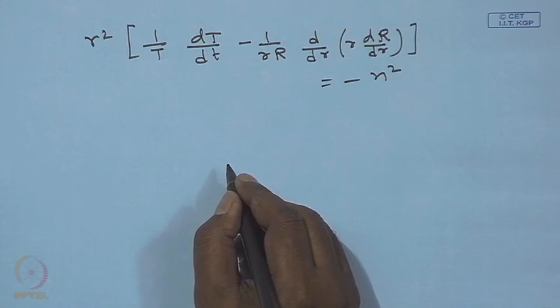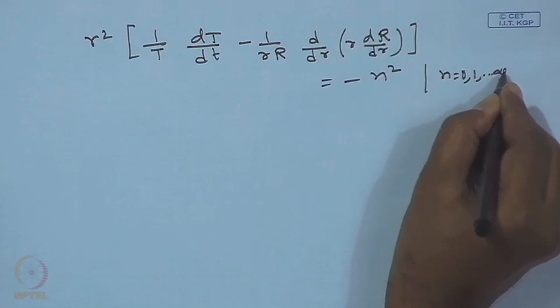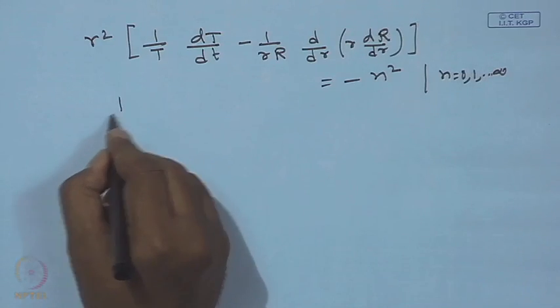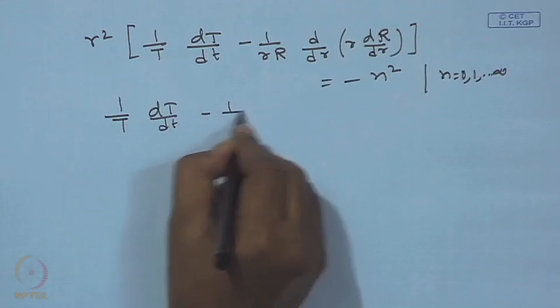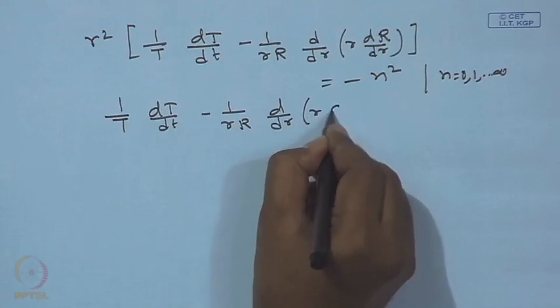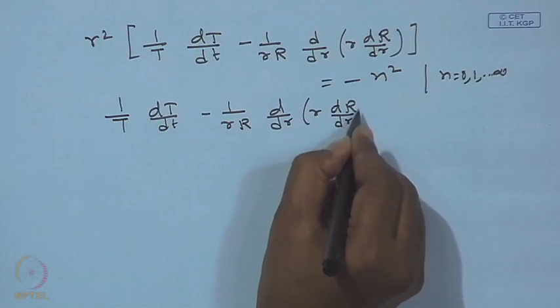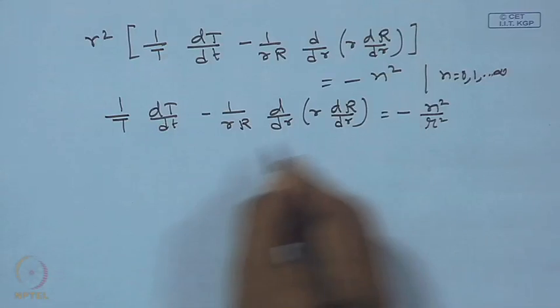Now, n is from 0, 1, 2 up to infinity. So, what we will be getting is 1 over T dT/dt minus 1 over r d/dr of r dR/dr is equal to minus n square divided by r square.